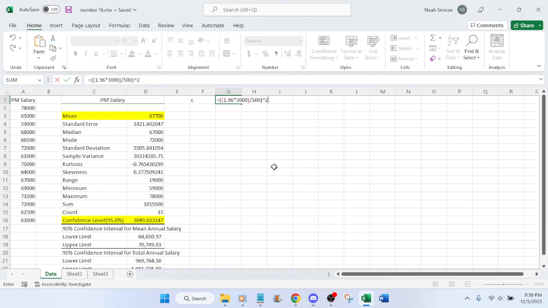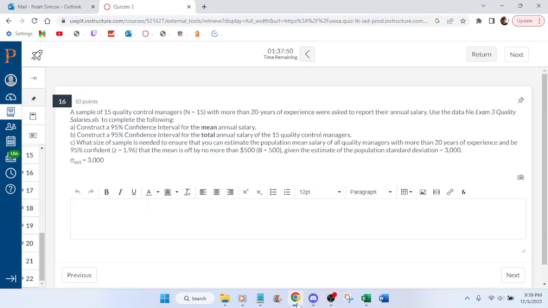So z multiple times 3,000 divided by 500, and you square that. So that should be it. And so what is the sample size that you need? 138?